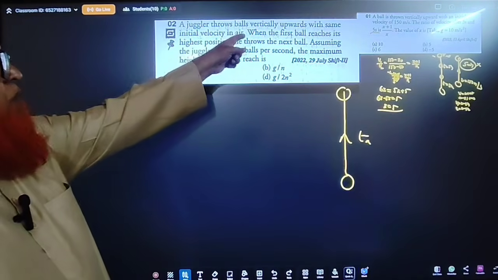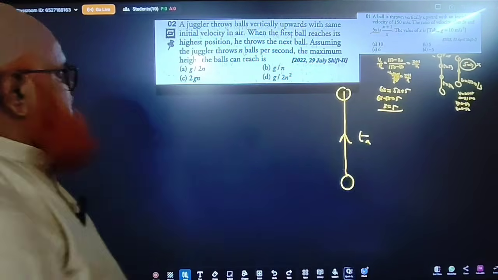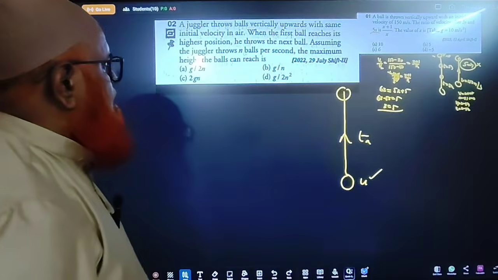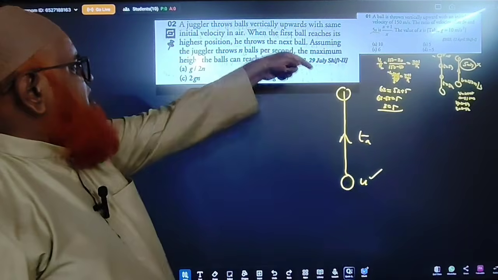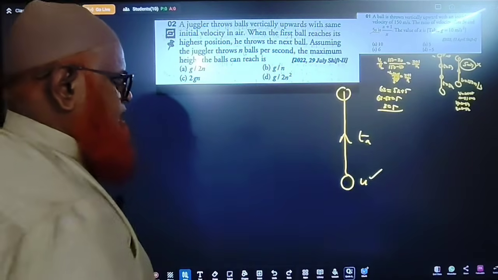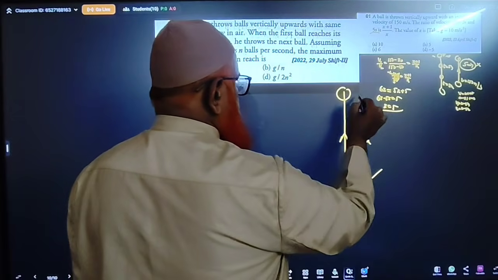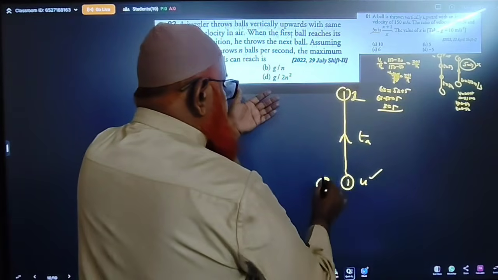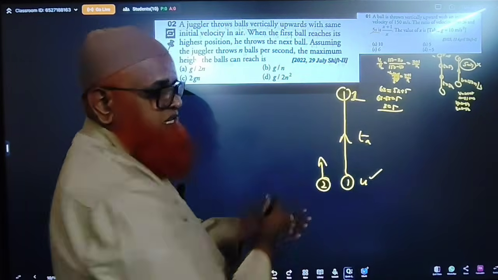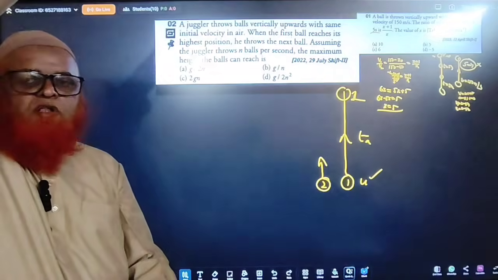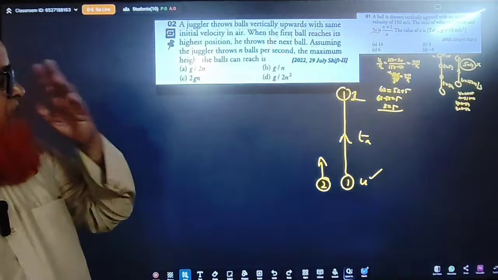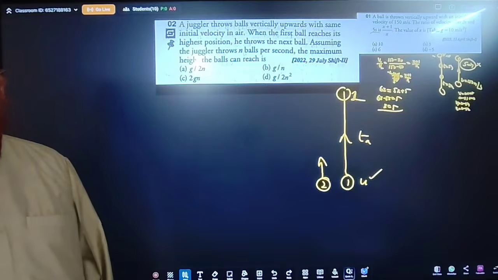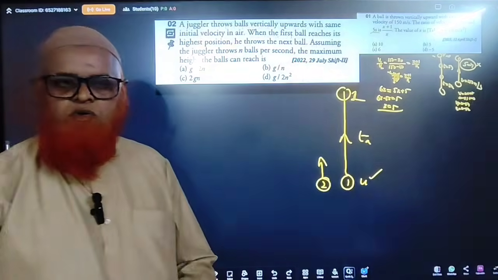A juggler throws a ball vertically upwards with the same initial velocity in air. When the first ball reaches the highest position, he just throws the second ball. So the first ball goes up and the second ball is thrown. Okay, so now assuming the juggler throws n balls per second, he keeps throwing and catching.